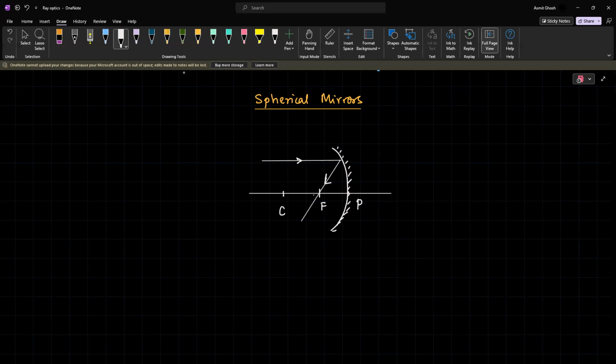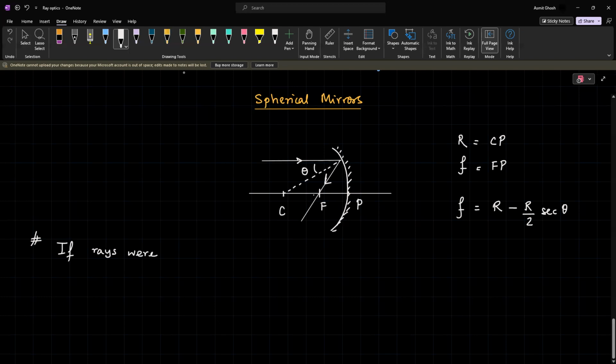Right? Now, the radius of curvature is CP, the length CP. The focal length is FP. And we all know that f is equal to R minus R by 2 sec theta, where this is basically theta. Now, this is important, if rays were paraxial, what does it mean?